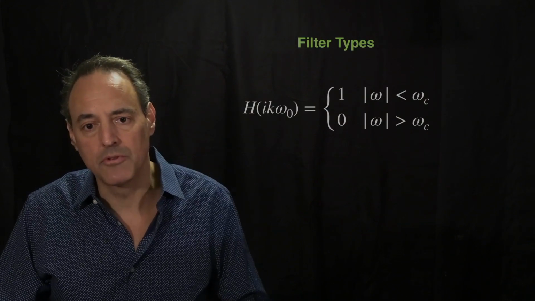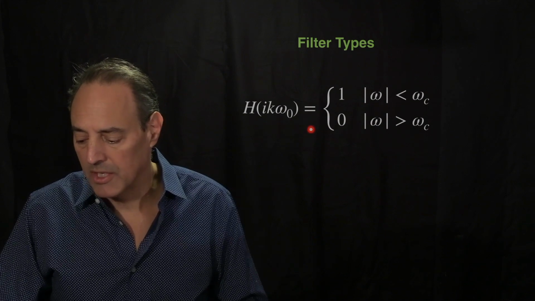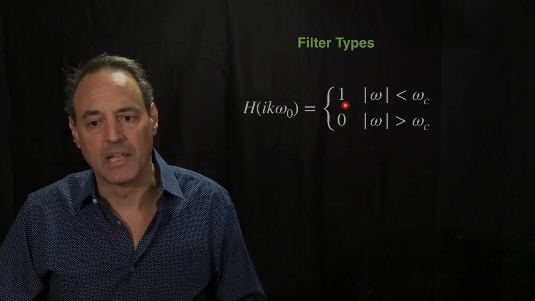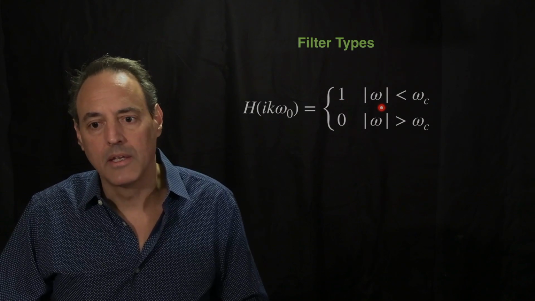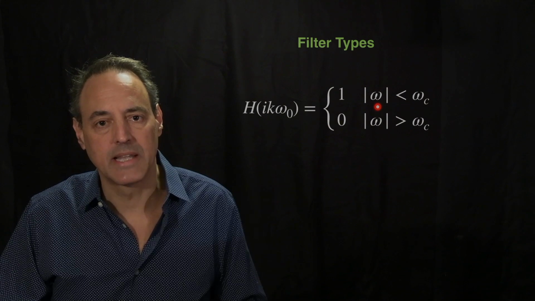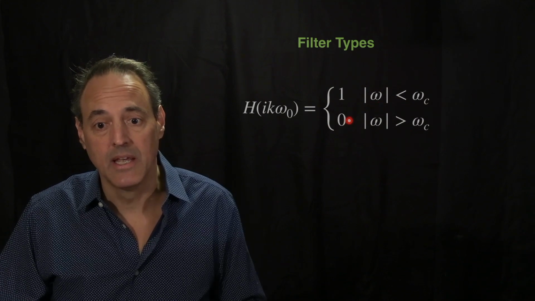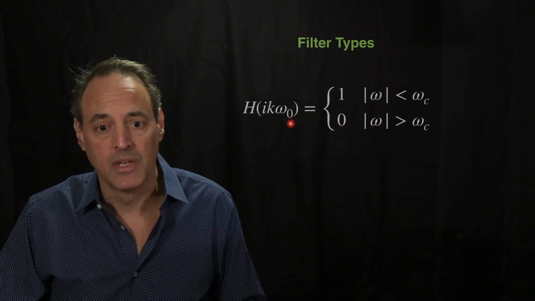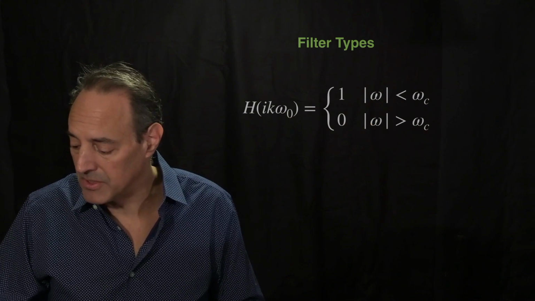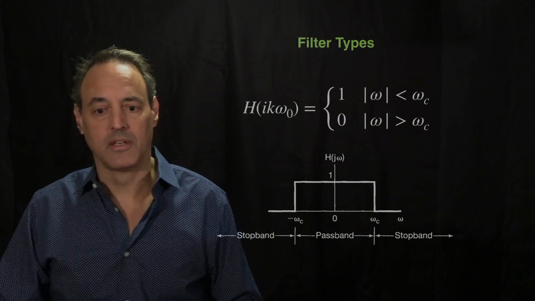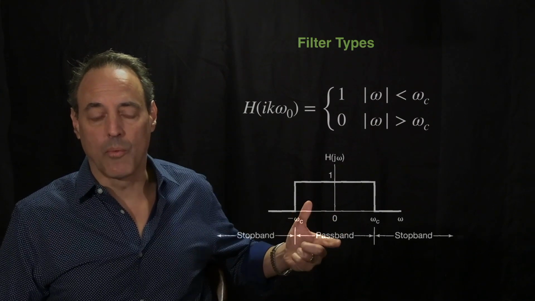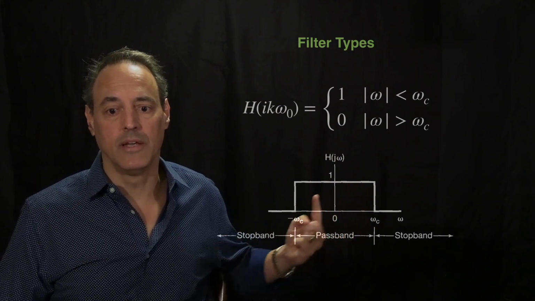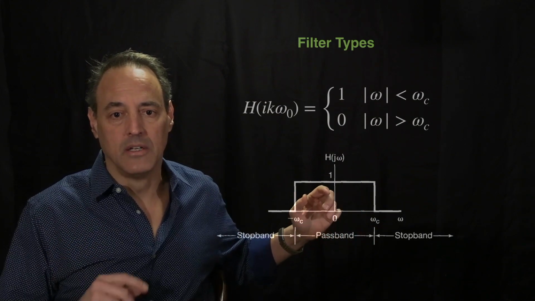One of the interesting filter types here is just a step function, where I come in with h, and let's make this filter be 1 if the absolute value of the frequency is less than omega c, and 0 otherwise. So this is basically going to be a notch filter centered around frequency 0. Here's the picture: around this frequency band, everything in here passes through. Everything outside of there is going to get killed off.